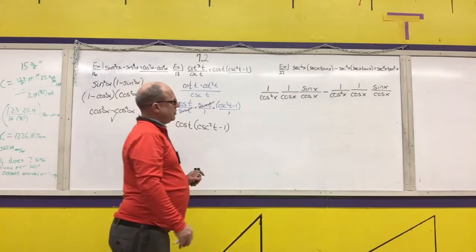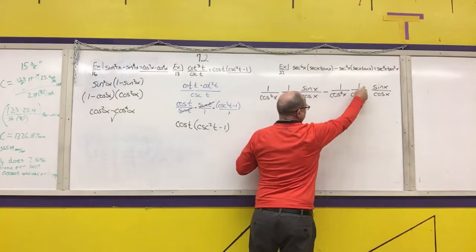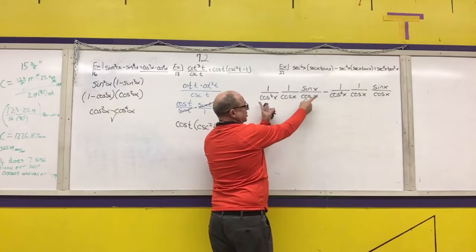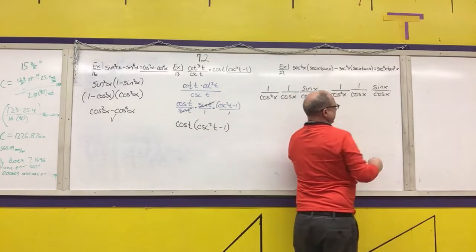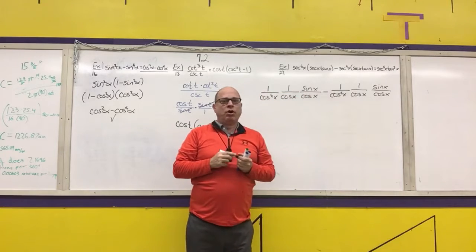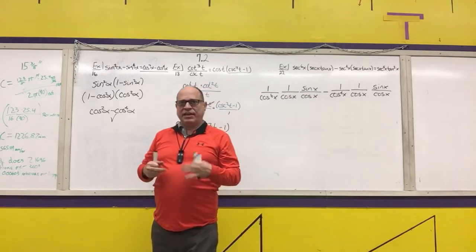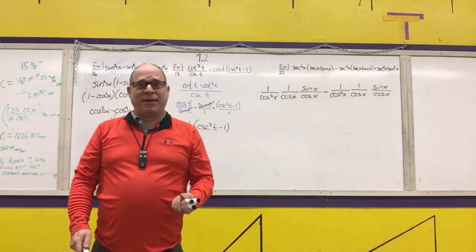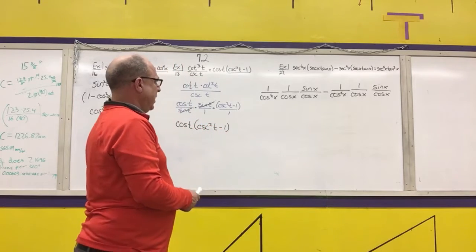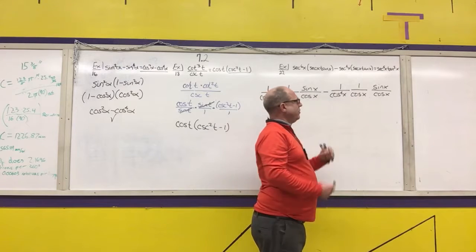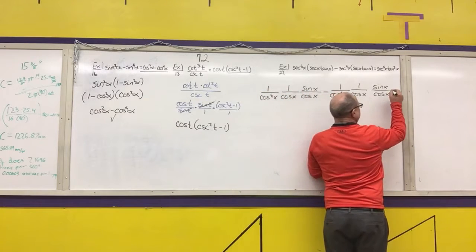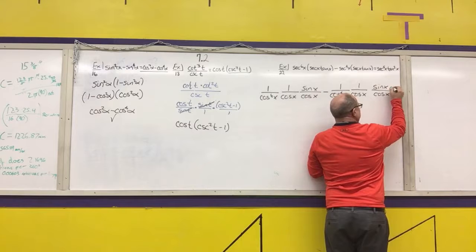So please notice that both sides have a sine on the numerator. The denominator here is cosine to the 8th. The denominator here is cosine to the 6th. In order to add fractions, I need to have a common denominator. My common denominator is going to be cosine to the 8th. In order to get this right-hand fraction to cosine to the 8th, I need to multiply the numerator by cosine squared and the denominator by cosine squared.